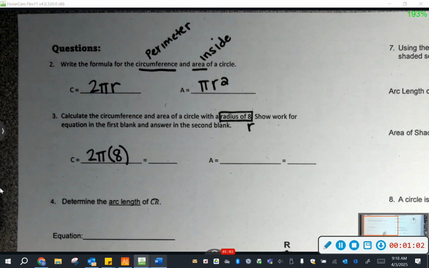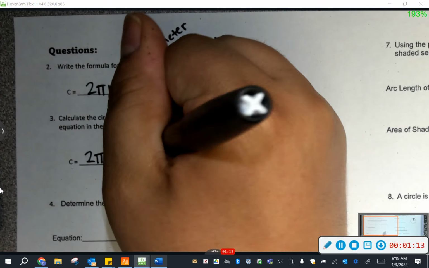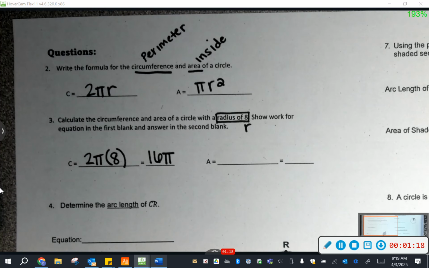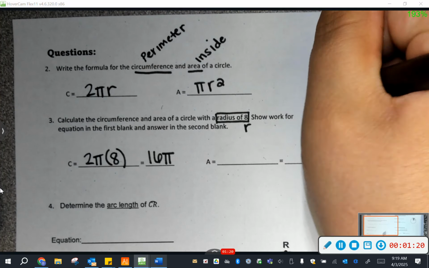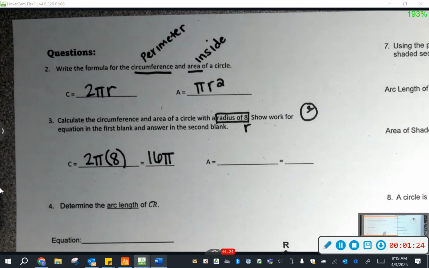When you are doing the work for this, you are not putting pi in the calculator. You are going to just put it in your answer. So what is 2 times 8? So my answer is 16 pi. And that would tell me the perimeter of a circle with a radius of 8.